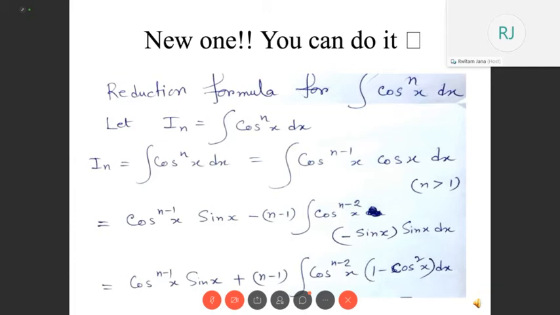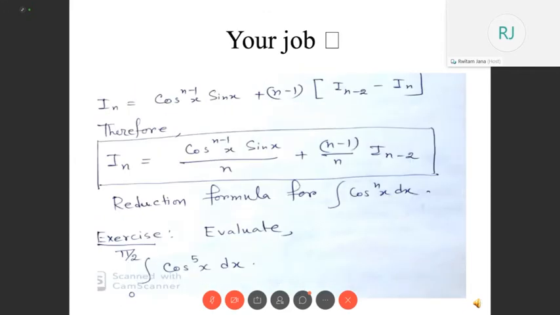And again you apply integration by parts by taking cos to the power n minus 1 x as the first function and cos x as the second function, and finally you will get your In value looks like this: cos to the power n minus 1 x sin x divided by n plus n minus 1 divided by n into I n minus 2, just like the case for integration sin to the power nx dx.